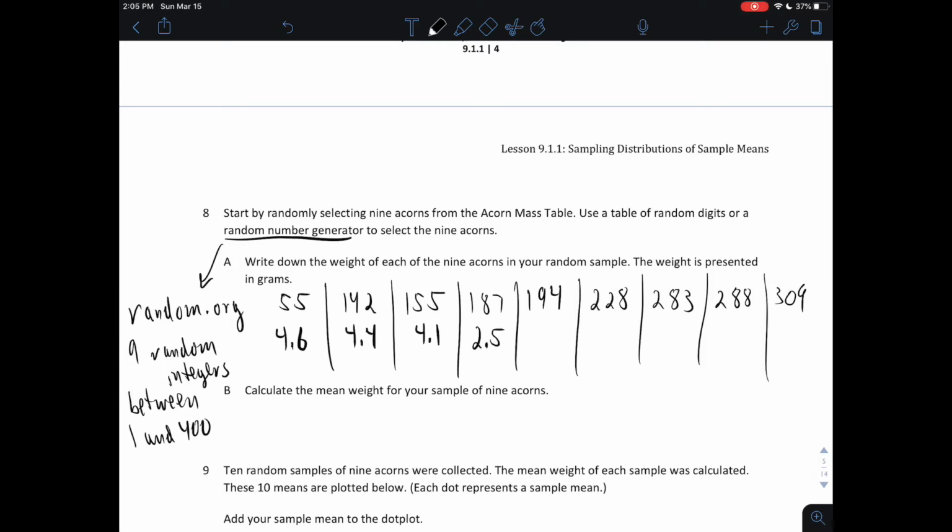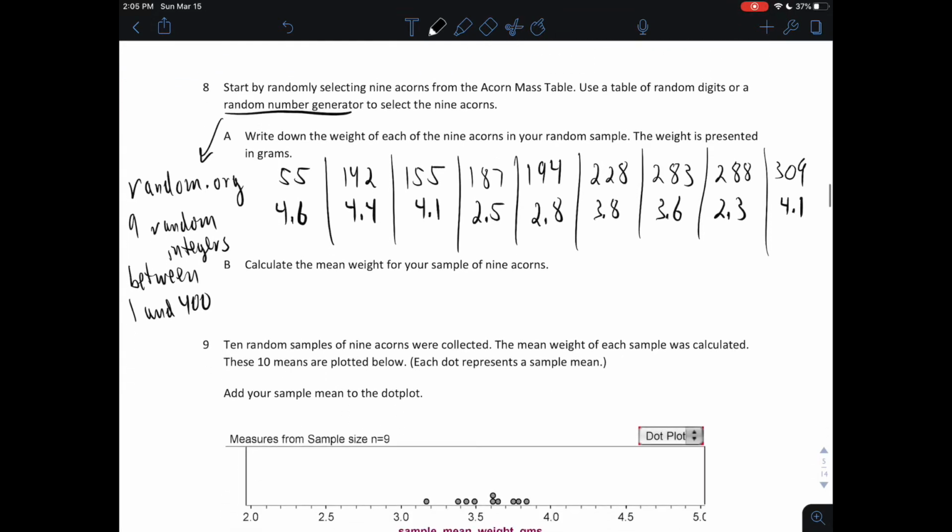For acorn 194, 2.8 grams. For acorn 228, 3.8 grams. For acorn 283, 3.6 grams. Number 288, 2.3 grams. And 309, that is 4.1 grams.